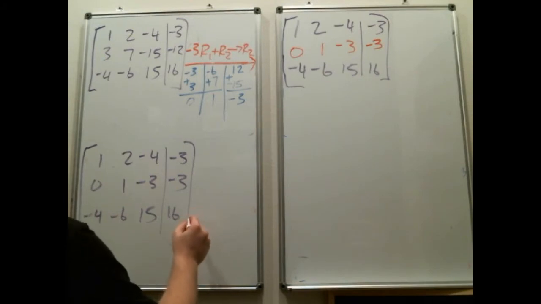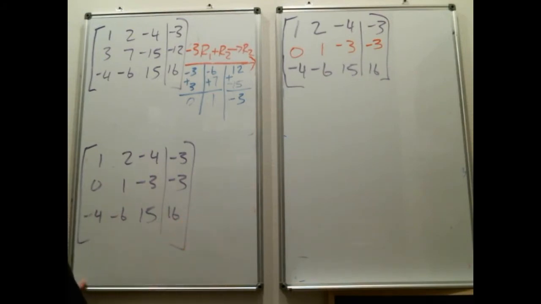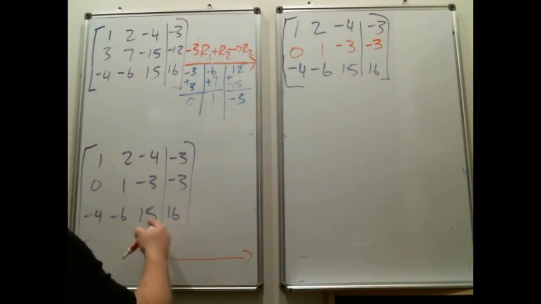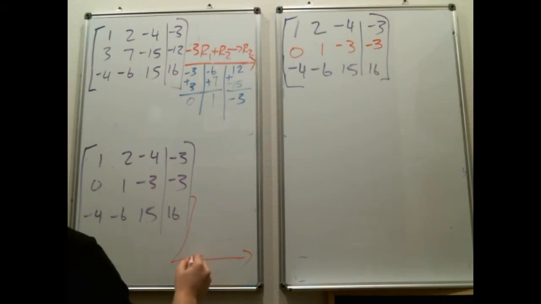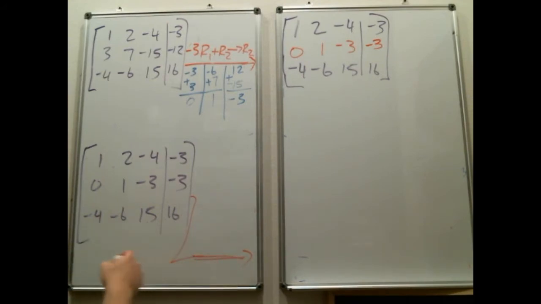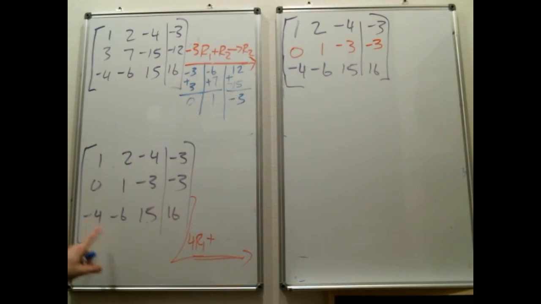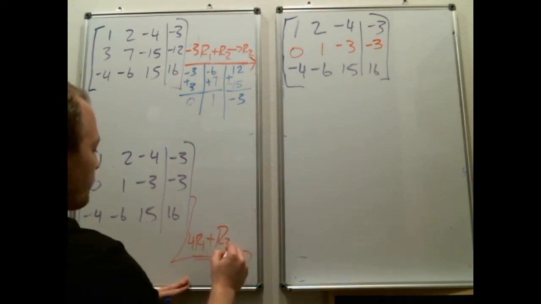So what I mean is, I wrote that too big. So I'm going to kind of do this. Alright, so I said +4 times row 1, plus row 3 gives me a new row 3.